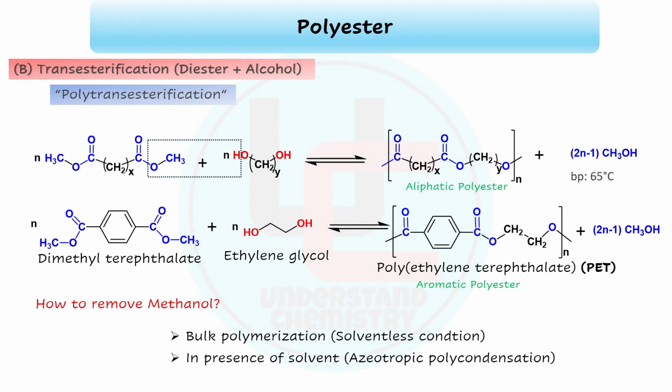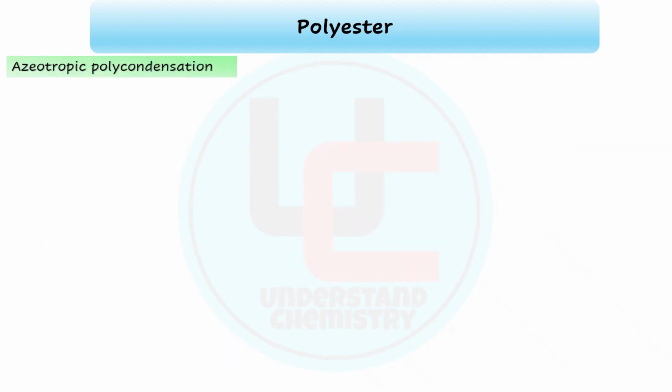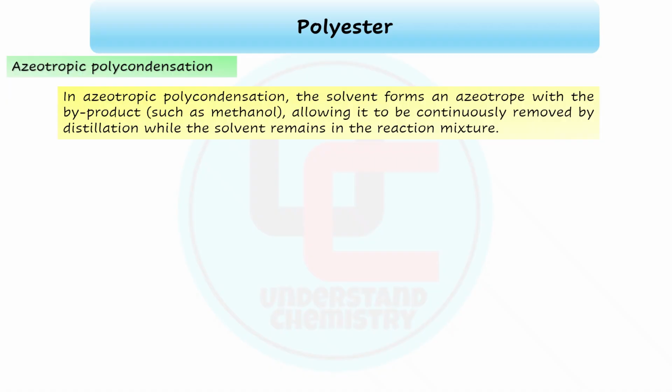However, when the reaction is carried out in a solvent, we need to remove the side product without losing the solvent. This is where azeotropic polycondensation comes into play. In azeotropic polycondensation, the solvent forms an azeotrope with the byproduct, such as methanol, allowing it to be continuously removed by distillation while the solvent remains in the reaction mixture.